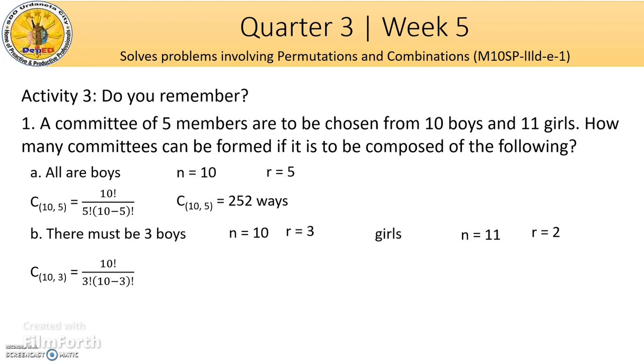So, we have here the combination for the boys, and then we have the combination for the girls, and then we multiply. Okay? So we have 6,600 ways of determining members if there must be 3 boys and 2 girls.